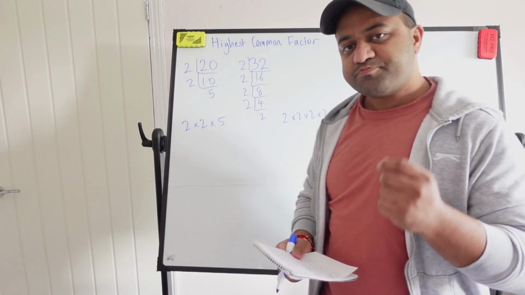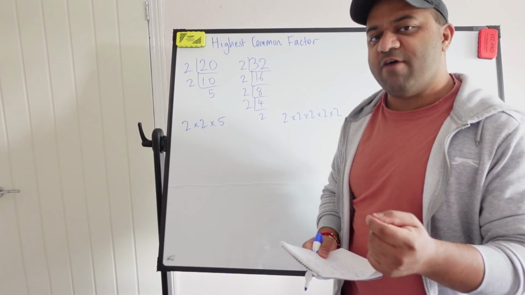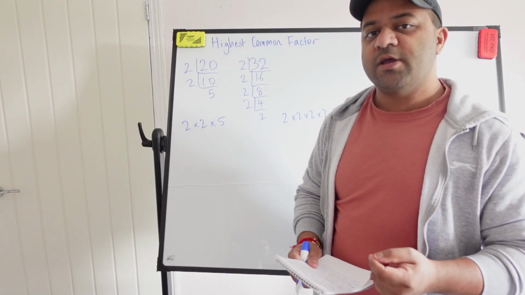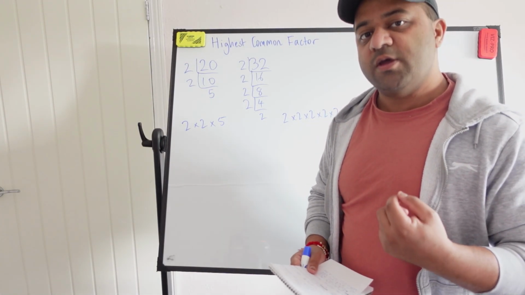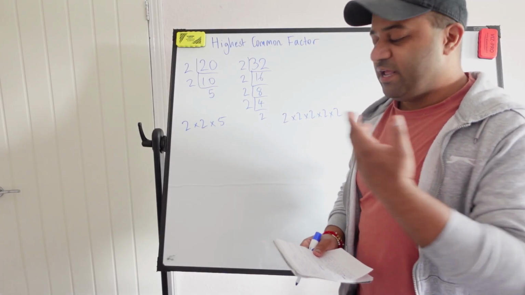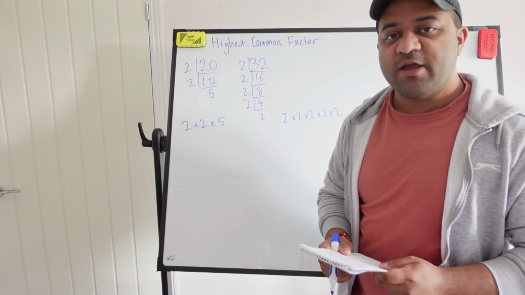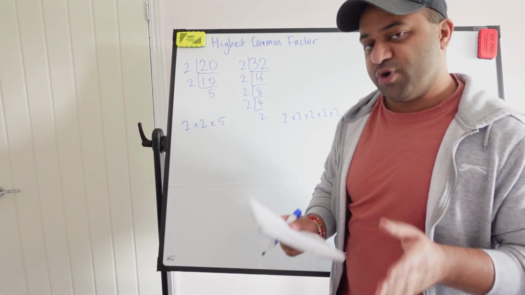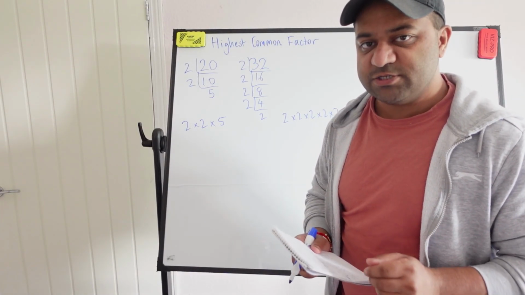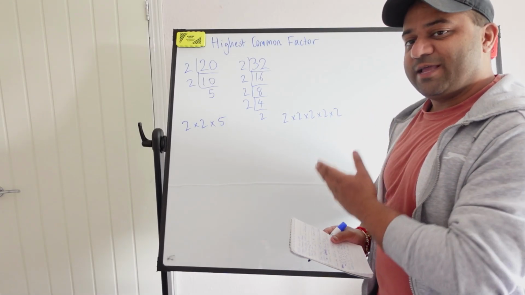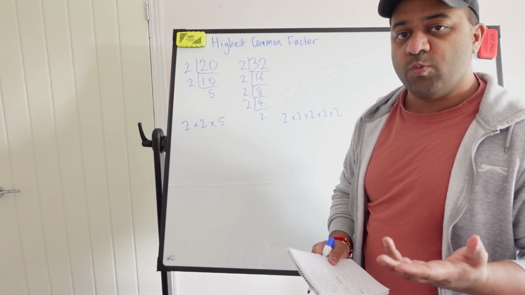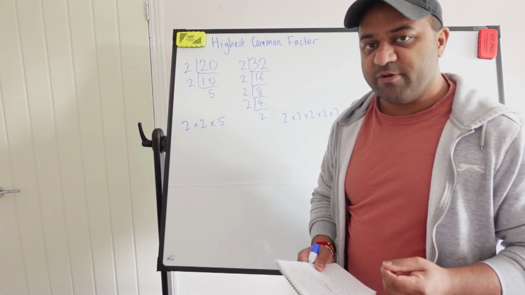Now, you'll notice that I haven't used the powers that I've used in the previous video. Normally, you'd leave the answer as 2 squared times 5 and 2 to the power of 5 if we were simply wanting to break down the number into its prime factors. However, by writing it like this, it'll be more obvious what we're about to do now with highest common factor.